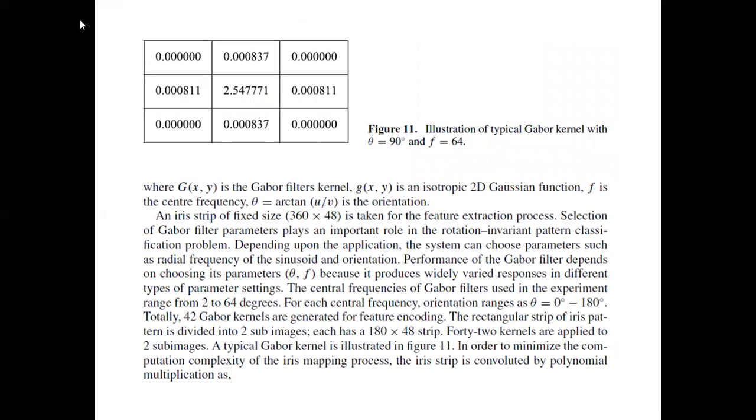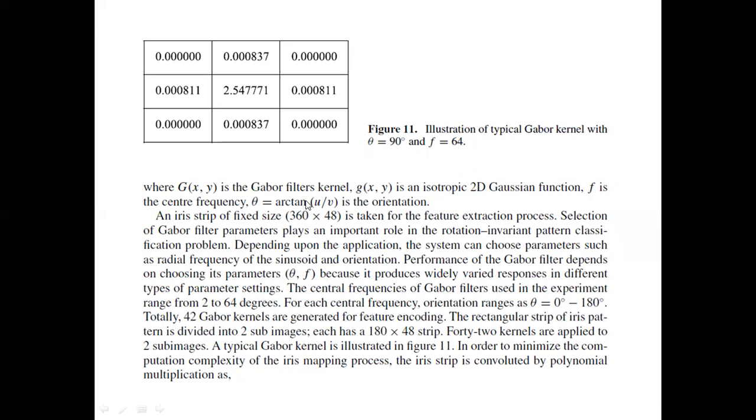What will this be? This is nothing but an illustration of a Gabor kernel for theta 90 degrees and frequency 64 hertz. So the center frequency, the maximum of 64 we can use.